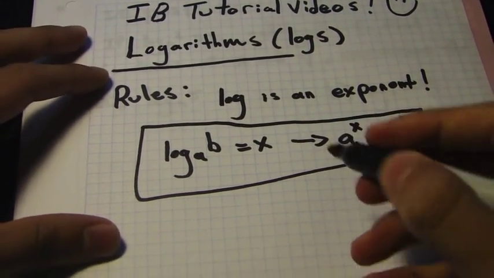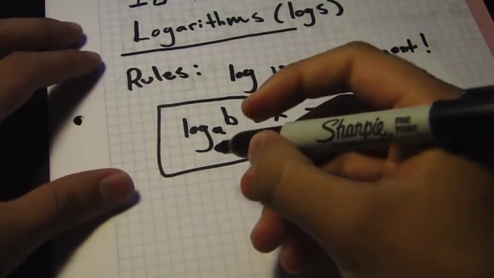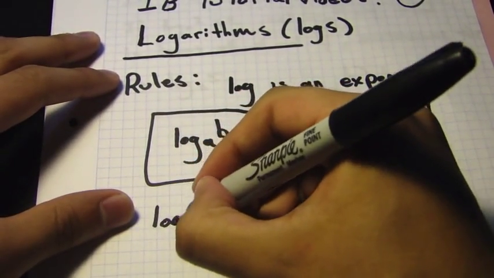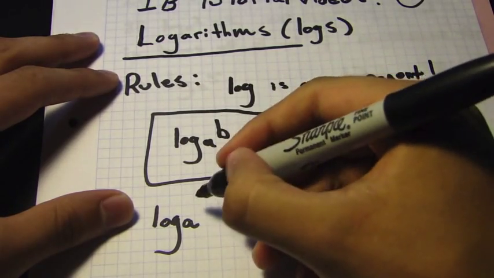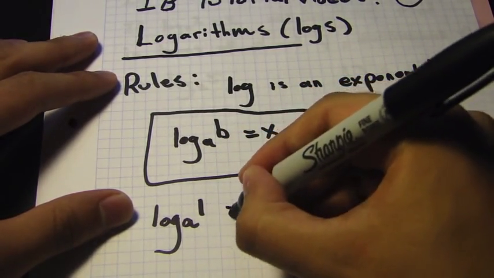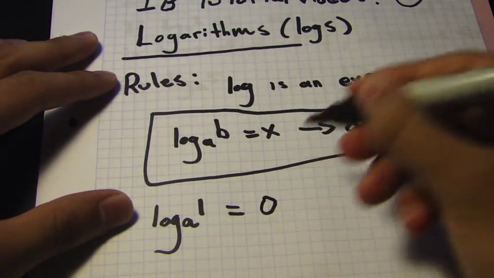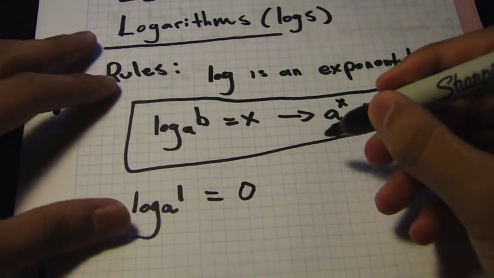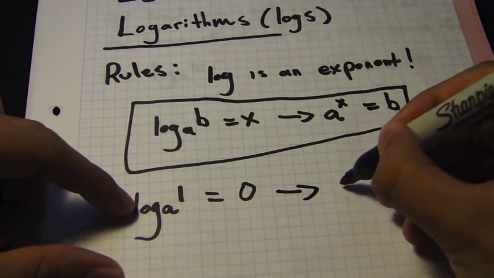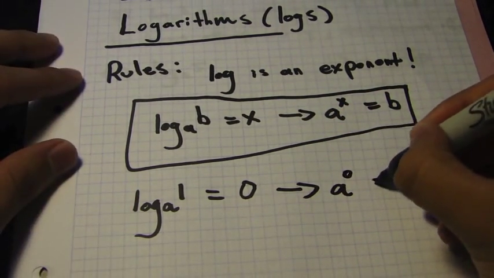From this, there are a few more rules that come up. Log base a of 1 equals 0. From the first rule this can be seen because a to the power of 0 equals 1.